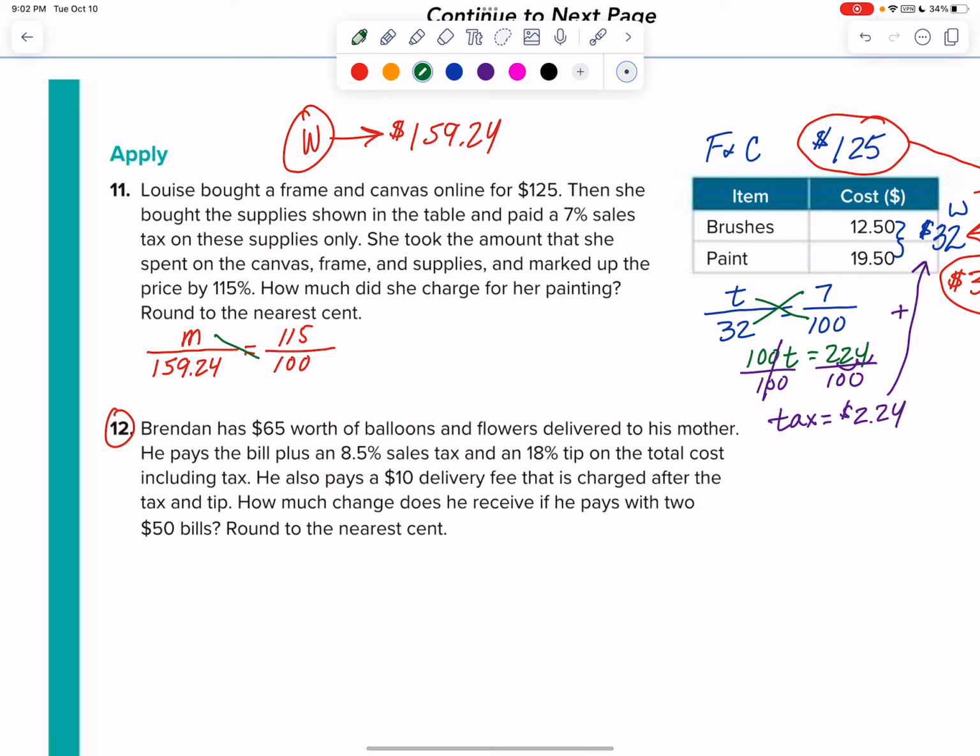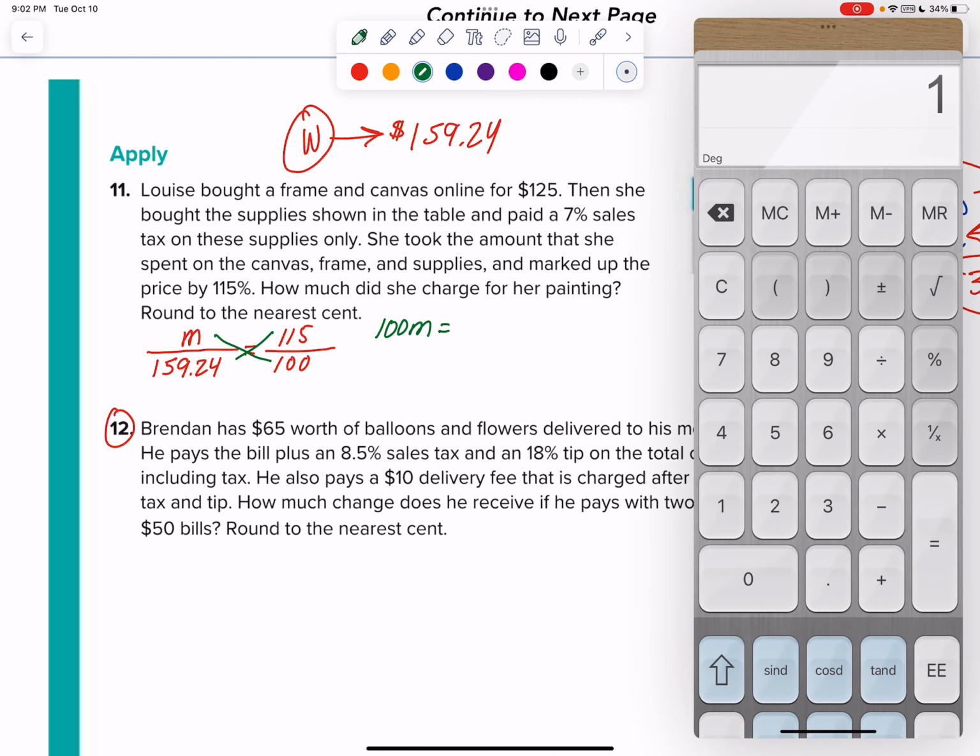So let's go ahead and do our cross multiplying. Okay. Because of space, let's go ahead and move it over here. So we have 100M equals 115 times 159.24. Ooh, big number. 18,312.6. Okay, and now we're going to go ahead and divide 100 on both sides. Cross that out.